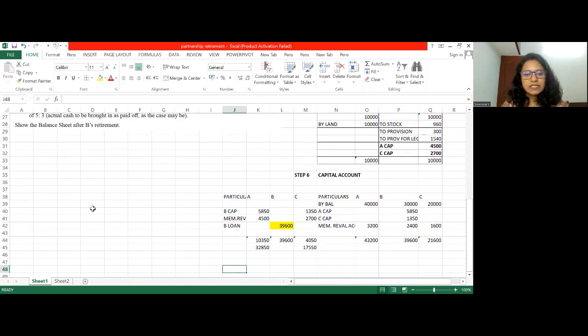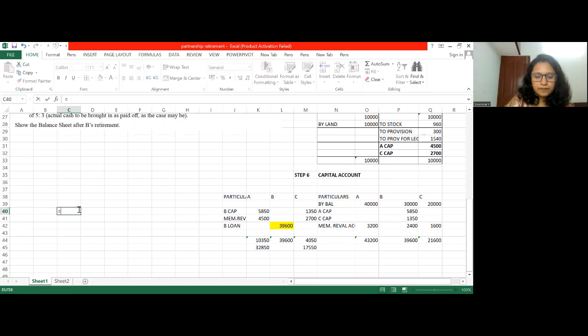And 56,000 in the ratio of 5:8. This is for A and this is for C. 56,000 in the ratio of 3/8. So this is the capital that is required.